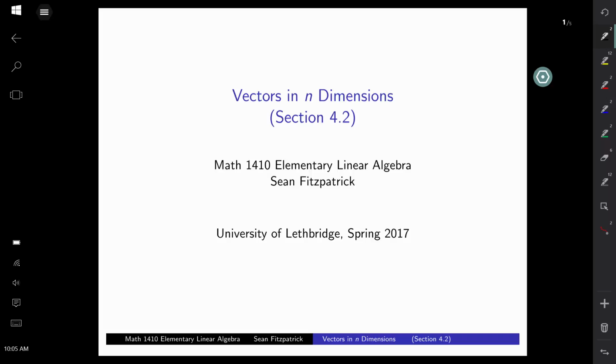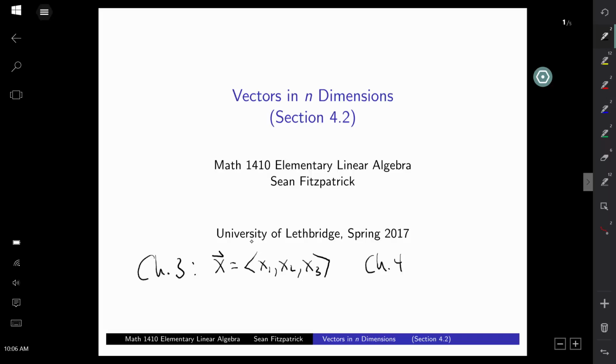And one of the big shifts we'll do here, there's two shifts we're going to make. One is allowing for any number of variables. The other shift we're going to make is a shift in notation. So in chapter 3, we used angle brackets to denote our vectors. So in chapter 3, we said something like, the vector x looks like x1, x2, x3.